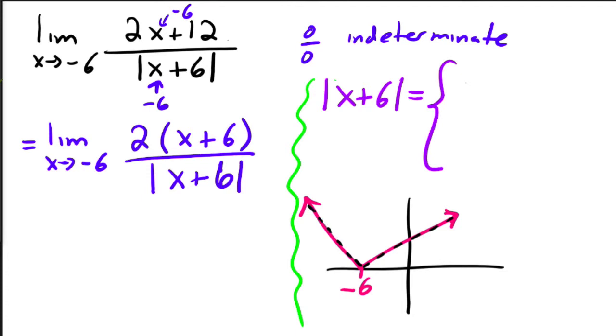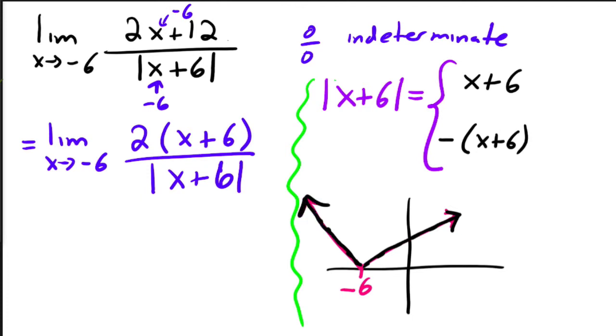And this is equal to x plus 6, which is this line right here, and then it's equal to negative x plus 6. That's this line right here.